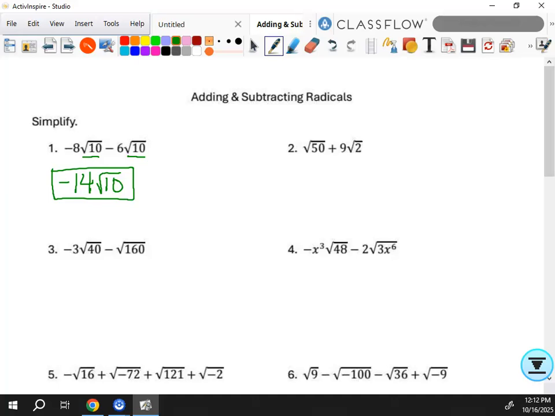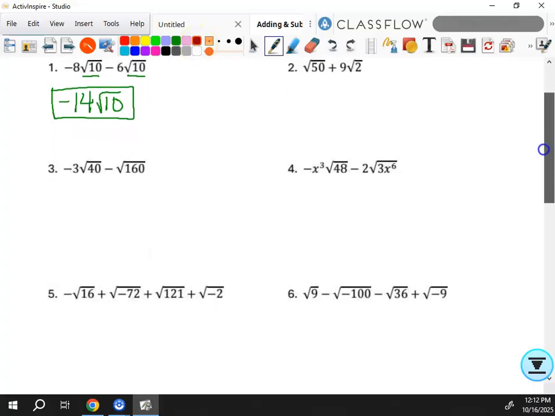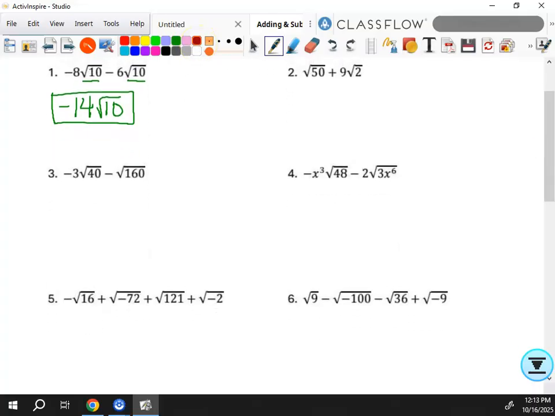So if I look at number 2, can I combine them like they are right now? No. But that doesn't mean I can't combine them. It is a possibility that I still can't combine the two terms, but I need to try to simplify what I can simplify. So we know how to simplify the square root of 50, right? What are two numbers that multiply to give me 50? 5 and 10, or 10 and 5, either way. And then 10 becomes 5 and 2, or 2 and 5, right?